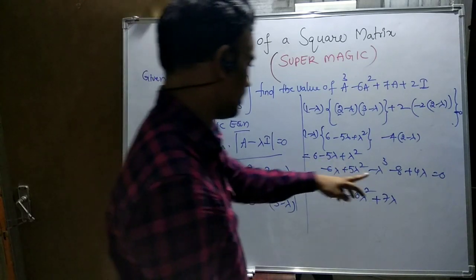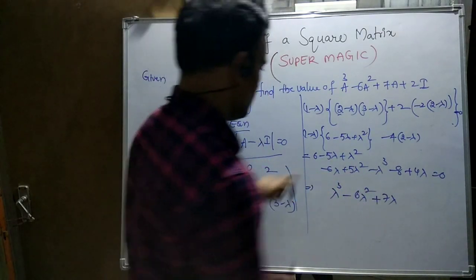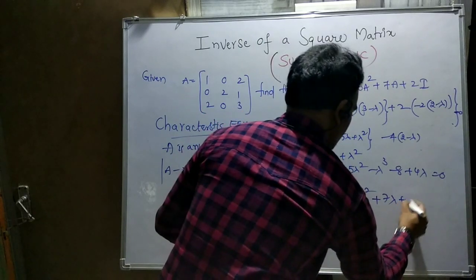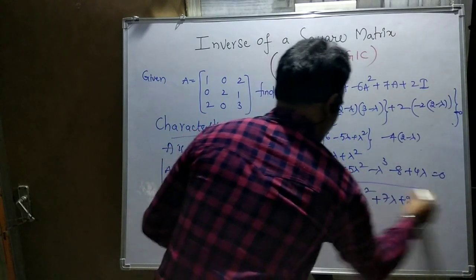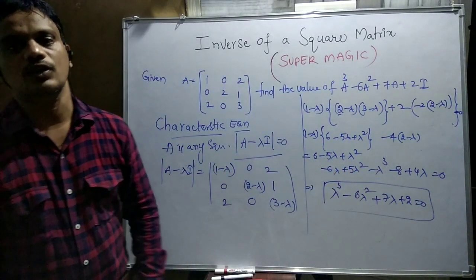And the constant: 6 minus 8 is minus 2, transferring the side, plus 2 equals 0. Yes, this is your characteristic equation.